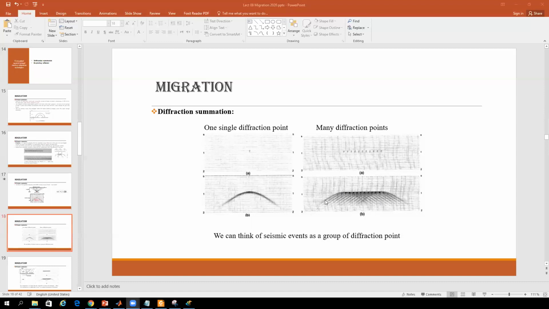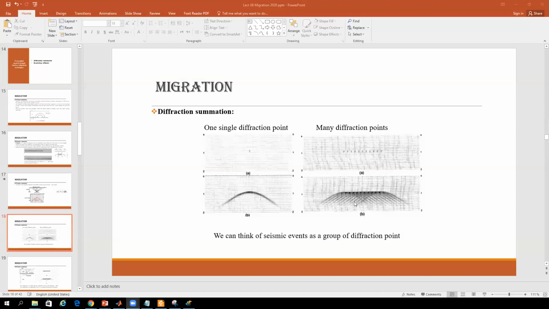So actually, what we get from the acquisition or from the processing, after the stacking, are these events with this kind of hyperbola, and we can observe these hyperbola shapes or diffraction curves at any discontinuity point, like at the edges of the faults, at any isolated bodies, or at the edges of discontinuities or unconformities.